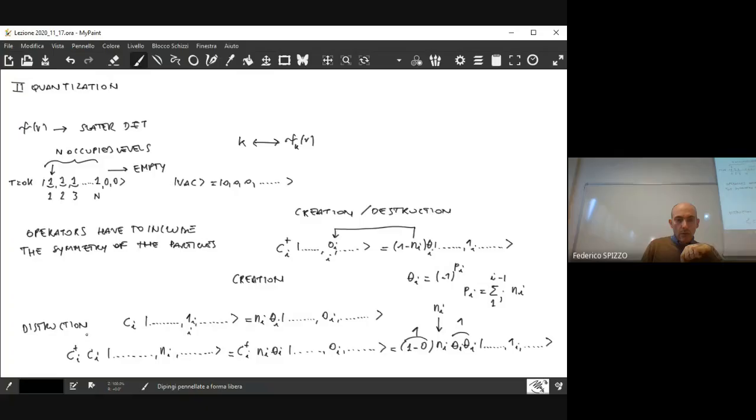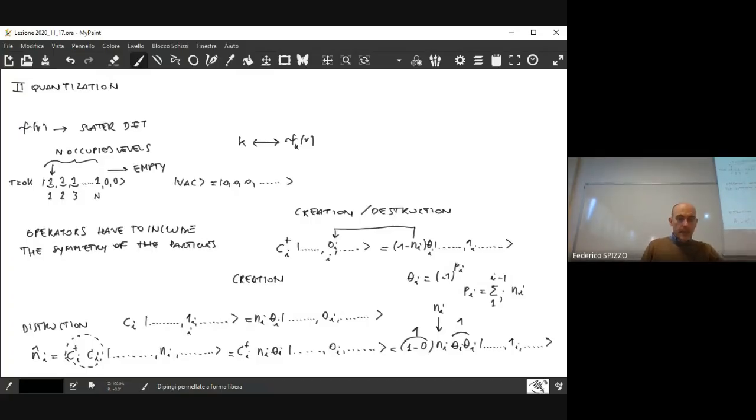So this combination C cross i, Ci, is the operator Ni. I put the hat just to say that Ni is not a number, but is an operator, the number of particles operator.